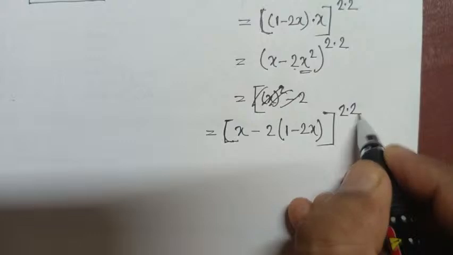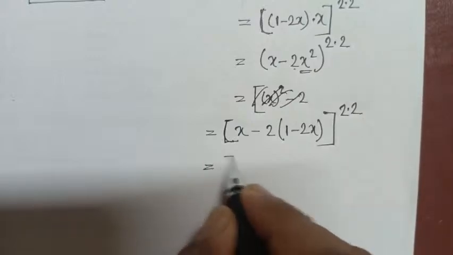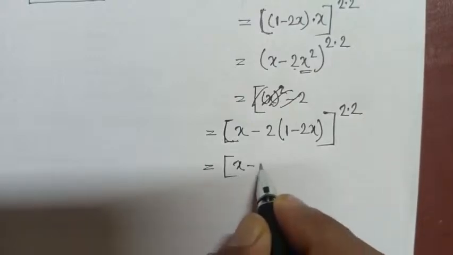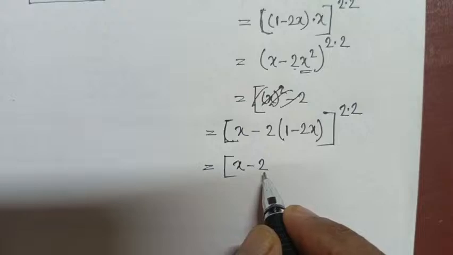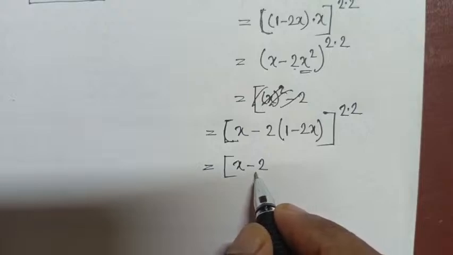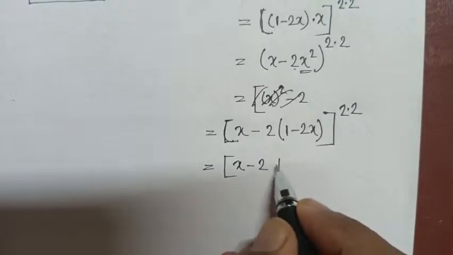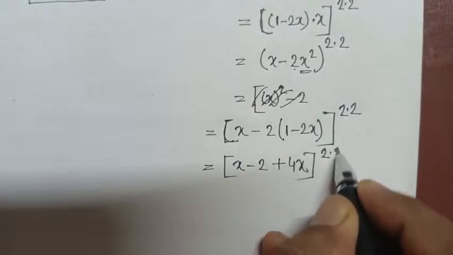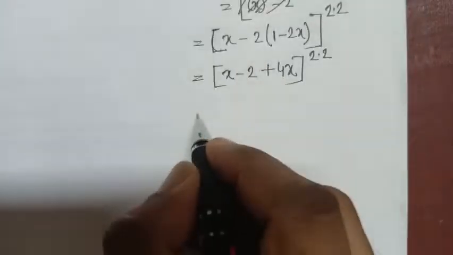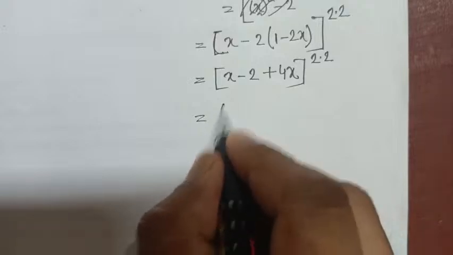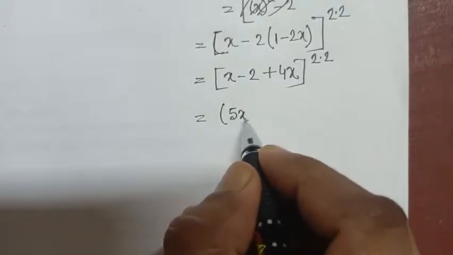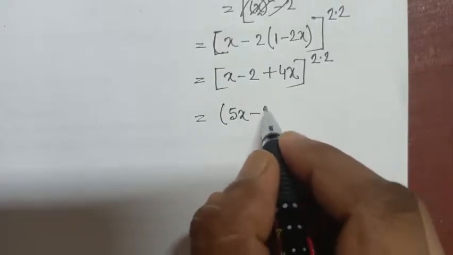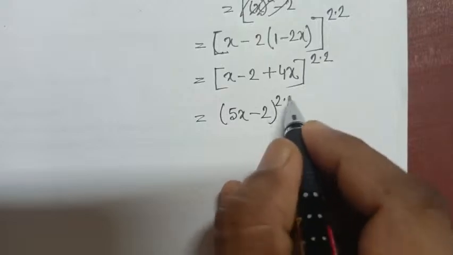Now we get x minus 2 plus 4x, to the power 2 times 2. So here we get 5x minus 2, to the power 2 times 2.